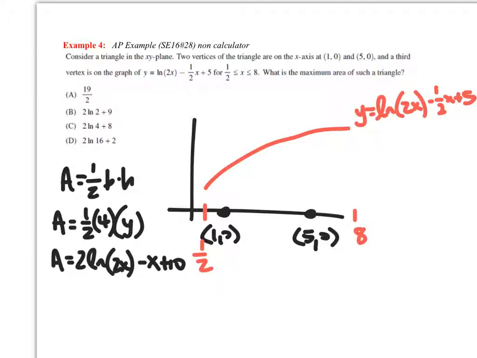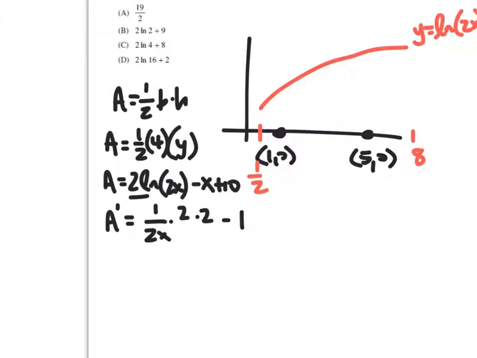So if I took the derivative of the area function, I would get 1 over 2x times 2, times 2 again. So this 2 is that one, and then the derivative of the inside using the chain rule is the second one. Minus 1, because the derivative of negative x is that.